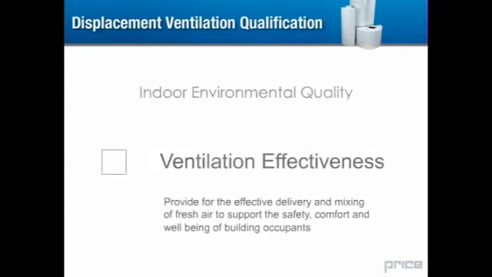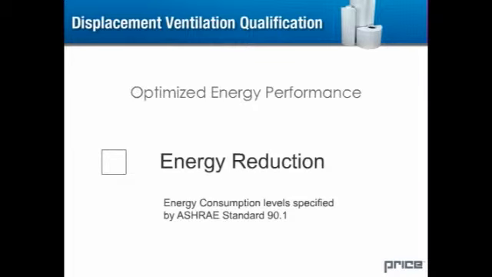Displacement ventilation qualifies for LEED points in several areas. Under the category of indoor environmental quality, displacement ventilation provides ventilation effectiveness, low discharge velocities, and supply air temperatures which exceed LEED requirements, earning possible credits. Under the category of optimized energy performance, more points are available for the energy-reducing benefits that displacement ventilation provides.